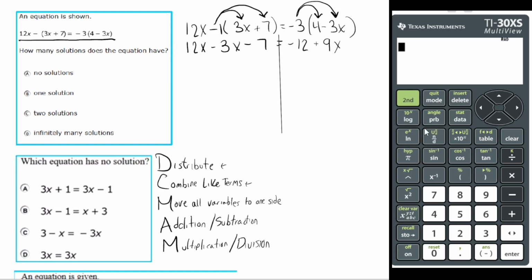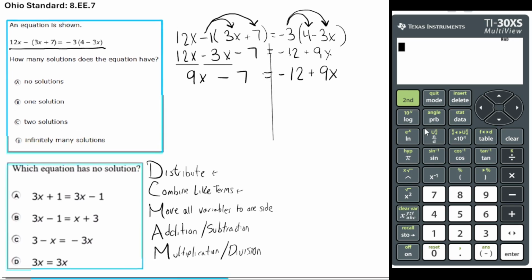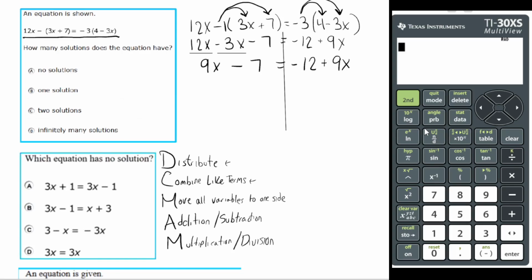So 12x and negative 3x are like terms because they both have x and only x. So we're going to combine these. To combine them, you just combine your coefficients using the sign out front. So we have positive 12 minus 3. 12 minus 3 is 9. Then the x just comes down. Minus 7 equals negative 12 plus 9x. So that's combining like terms done.